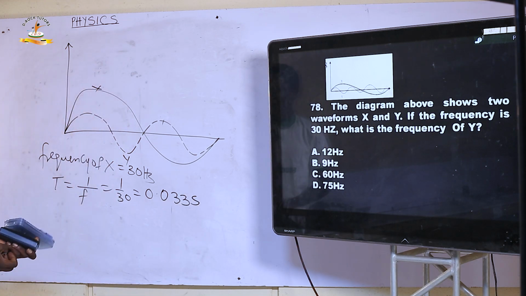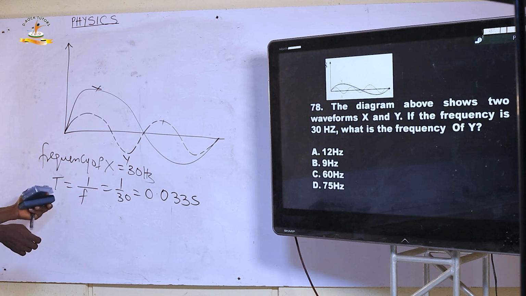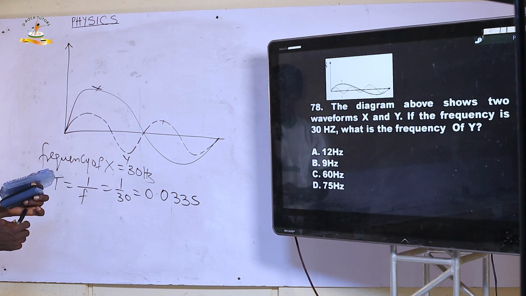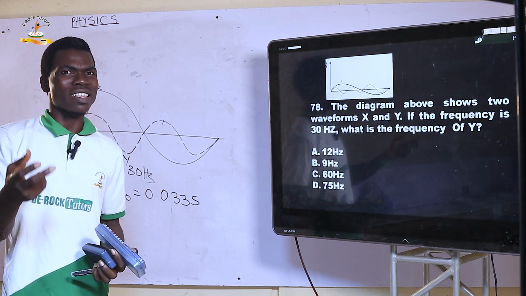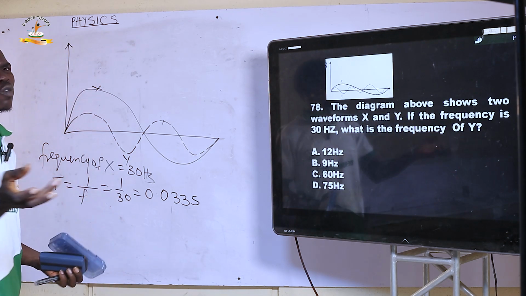That is the period of x. So we have the period of x as 0.033 seconds.